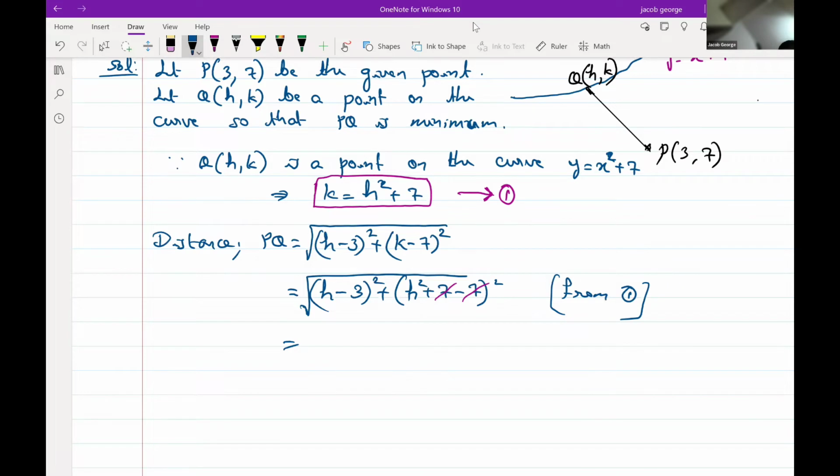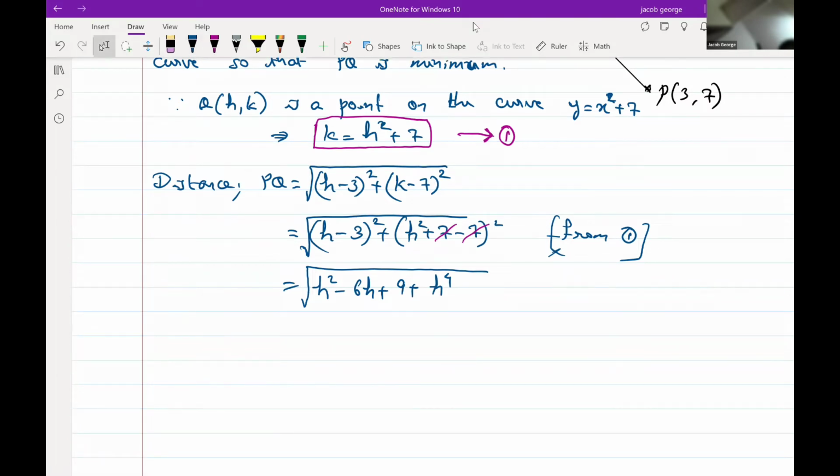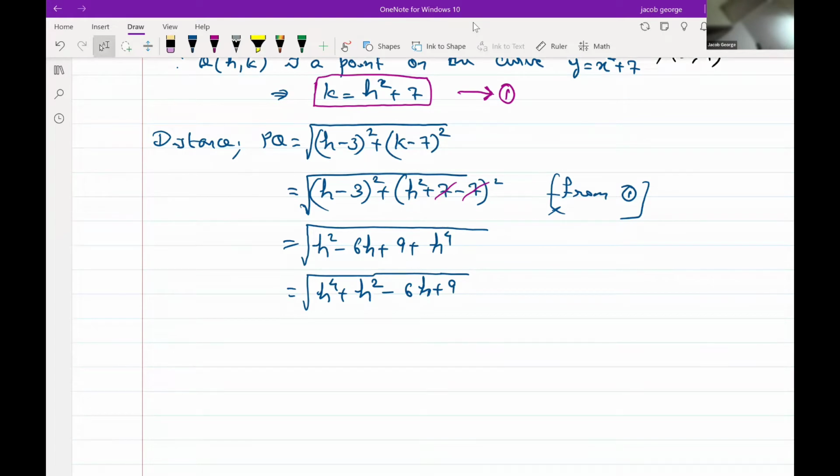So we get root of h square minus 6h plus 9 plus h raised to 4. That will be root of h raised to 4 plus h square minus 6h plus 9. This is the distance PQ. Please write the distance PQ.